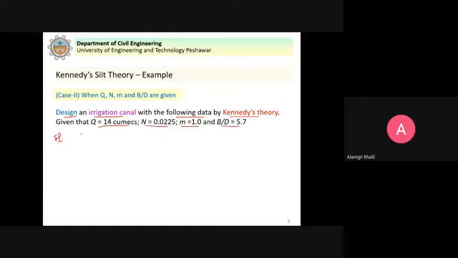We go for step number 1. We are given the B by D ratio, that is 5.7, so from here we get B is equal to 5.7 times D. Now we have the equation for the area.